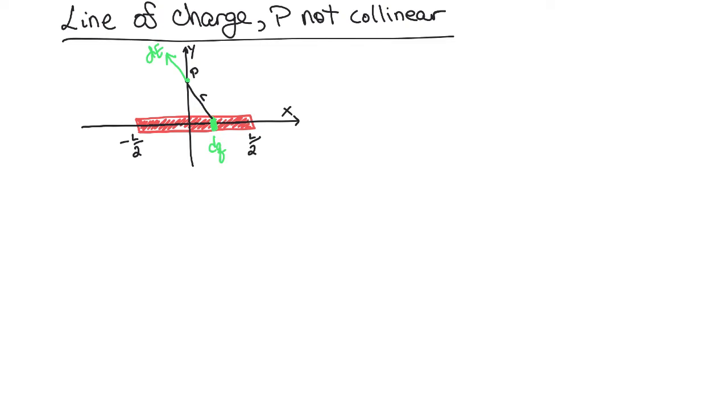And let's also assume that point P is a distance a away. So when we write dE, it's k dq over r squared, which is where we're always going.